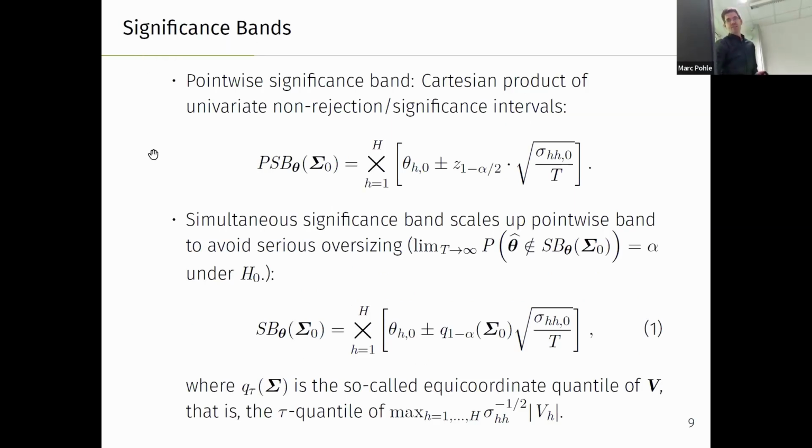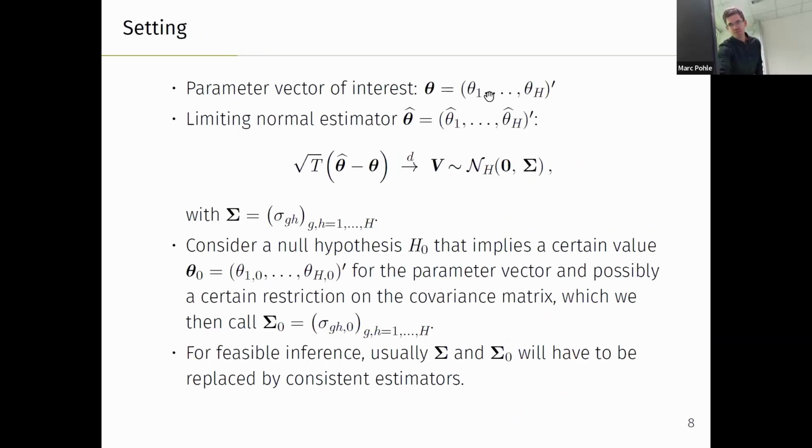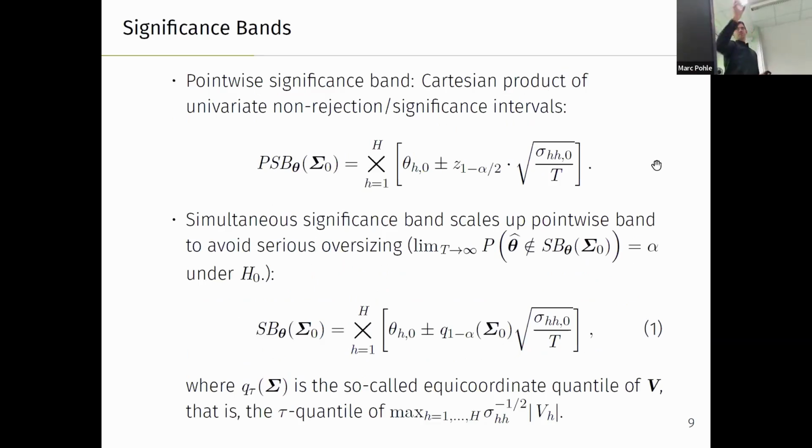In theory, the significance bands, the non-rejection bands, are constructed in such a way that for one of the thetas, so for one of the elements of the vector, we construct the simple non-rejection interval, and then we glue them all together. Take the Cartesian product.